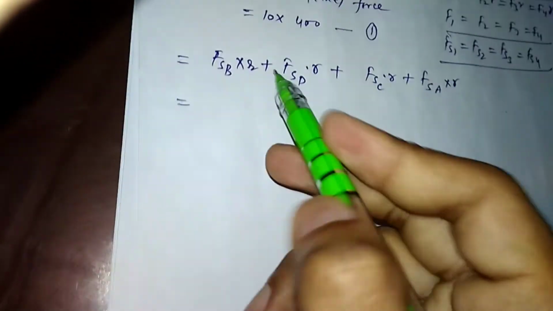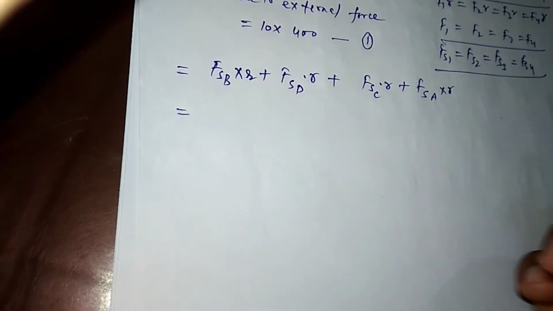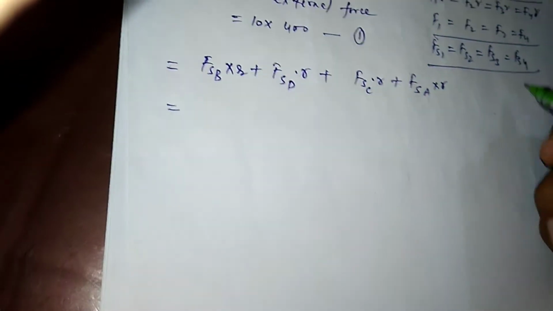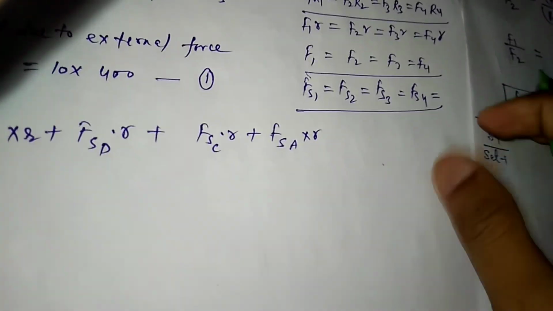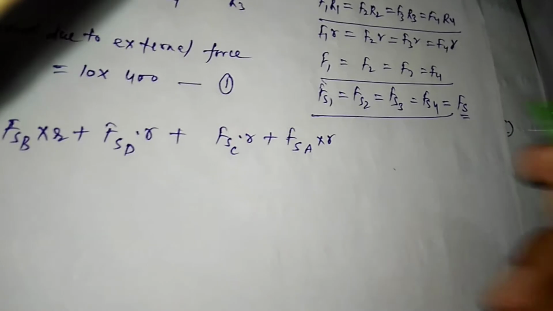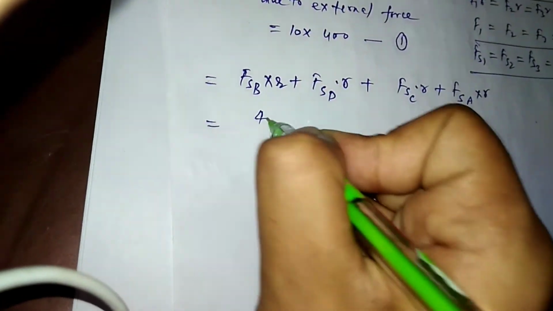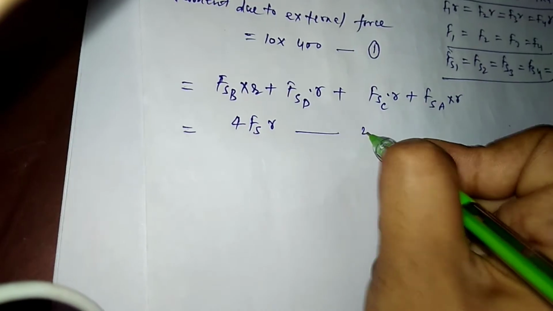Here FSB, FSD, FSC, FSA are the same, and R is also the same. So if Fs1, Fs2, Fs3, Fs4 are each equal to Fs, it will be equal to 4 FsR. This is our second equation.